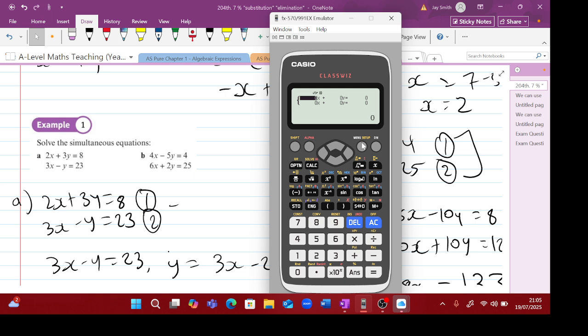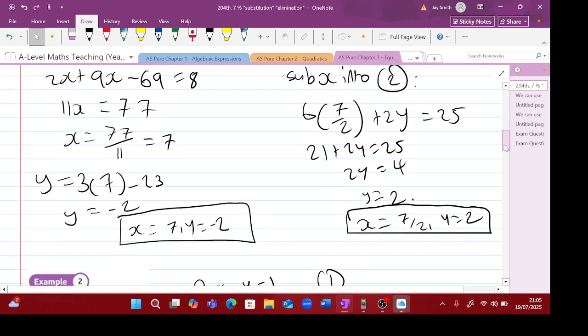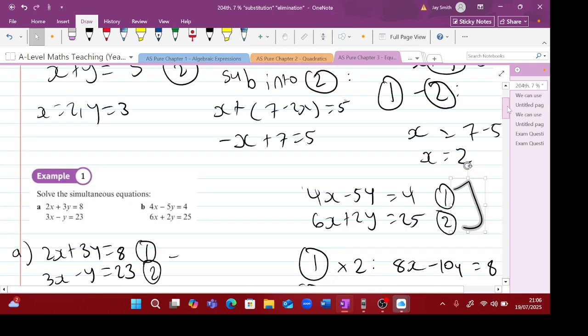So we can see for A, 2x and 3y would be 8. 3x minus y, that would be minus 1y, is 23. Then if we solve it, it tells us x is 7. Let's have a check. Yep, x is 7 and y is minus 2. Great stuff. And then we can verify the other equation.